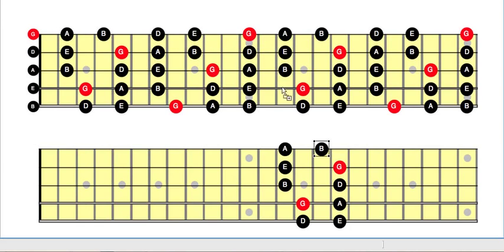Now, in terms of the mode, let's look at it from D to D. You have a tone, 1.5 tones, a tone, and then 1.5 tones. Again, it's a tone, 1.5 tones, tone, 1.5 tones.